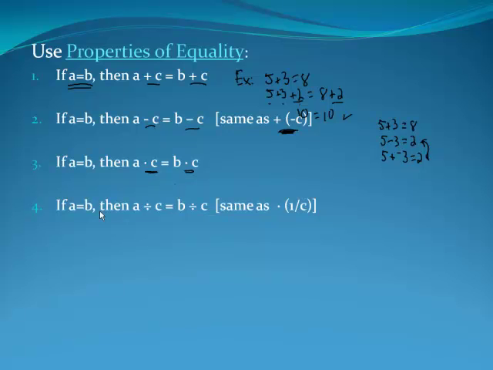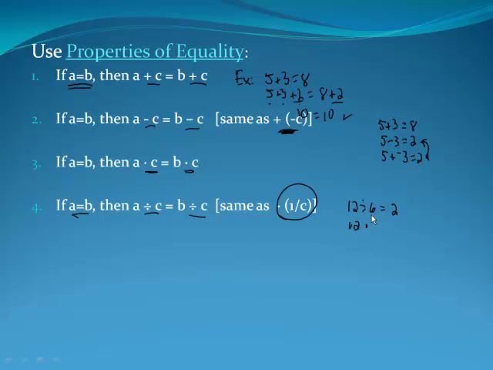And finally, property number 4 says if you take an equation and divide one side by a value, as long as you divide the right-hand side by the same, you will still get a true statement. Remember that division is the same as multiplying by the reciprocal. Just to demonstrate that, let's say you had 12 divided by 6. 12 divided by 6 is 2.